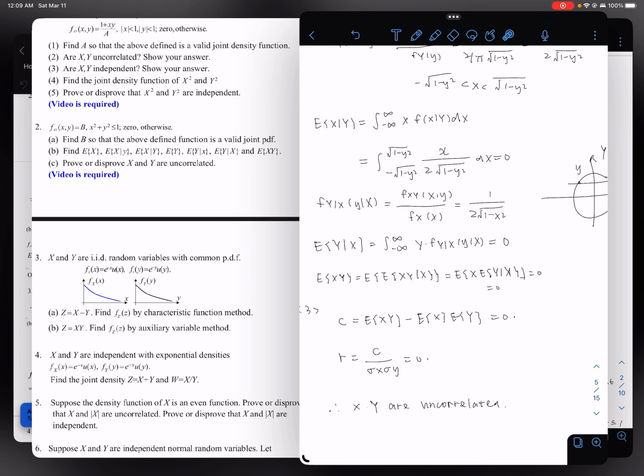And for x and y, we move the random variables x and y. So for the expectation of xy, we can get this also by calculating the expectation of xy given x.